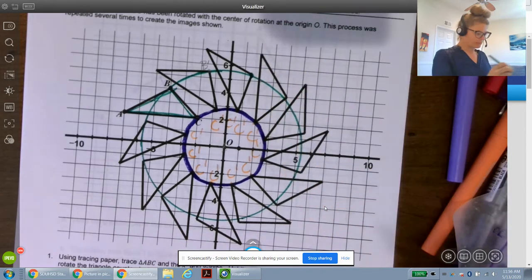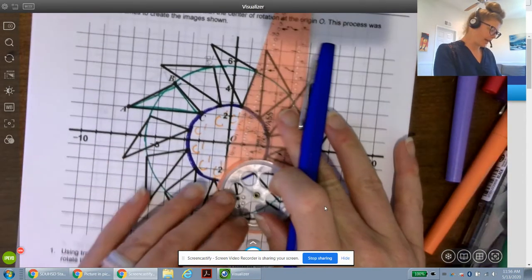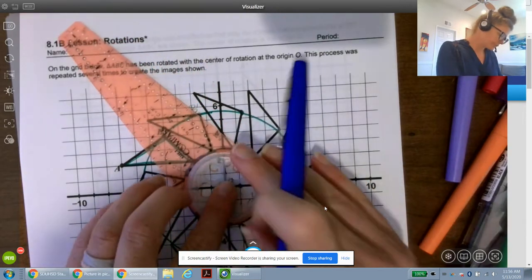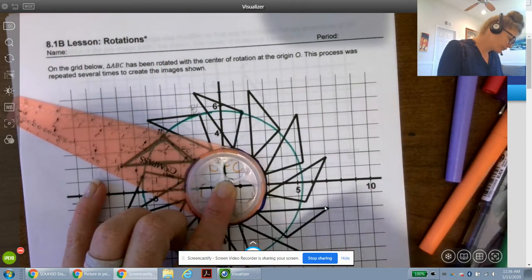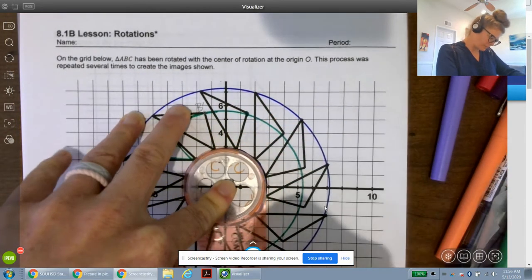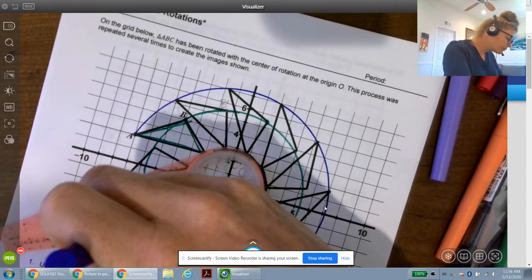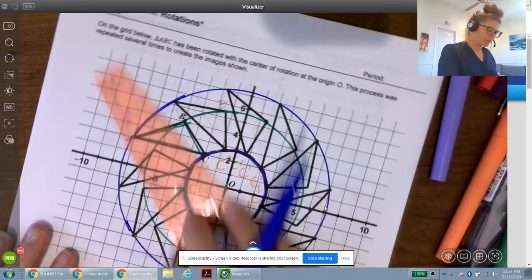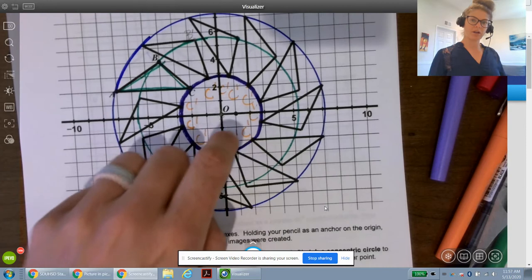Could probably have done that a little bit better. So all the B's are going to intersect. And if I did that again with A, all my A and A prime are also going to intersect. And that's because we have this center of rotation.